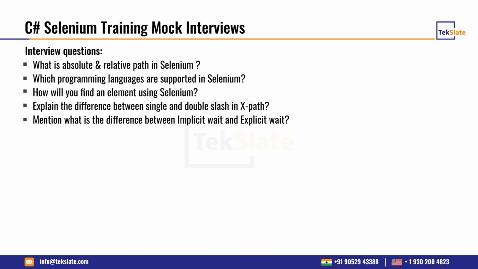At that time, there are different ways of waiting: implicit wait and explicit wait. Implicit wait is where you implicitly wait for some specific time. Explicit wait is where you explicitly say to wait till it loads. You can explain these different ways of waiting in a better way once you complete the course.